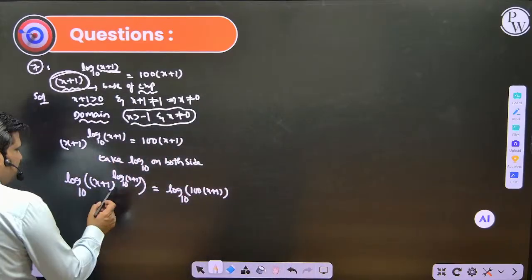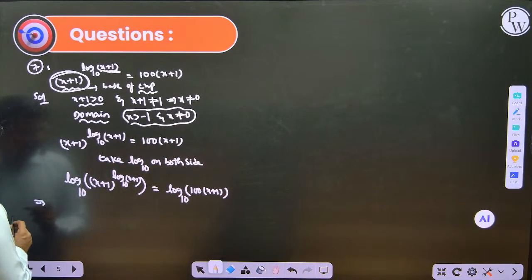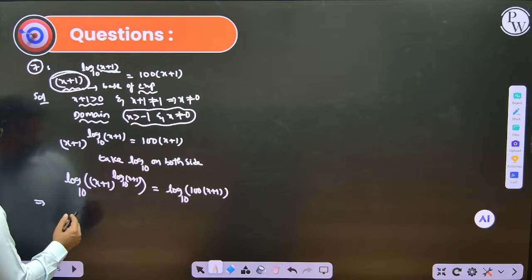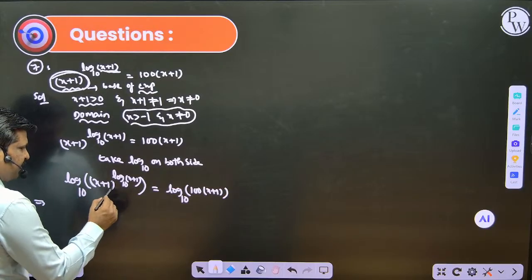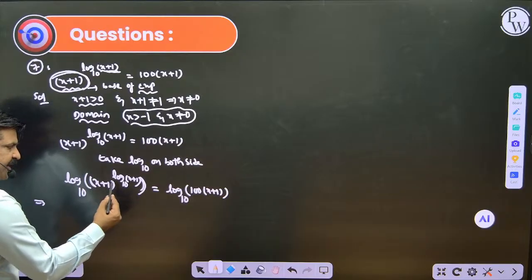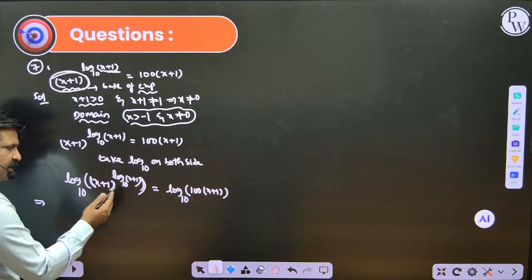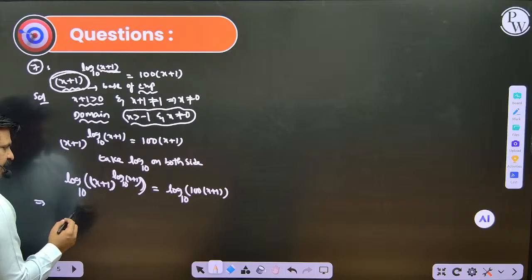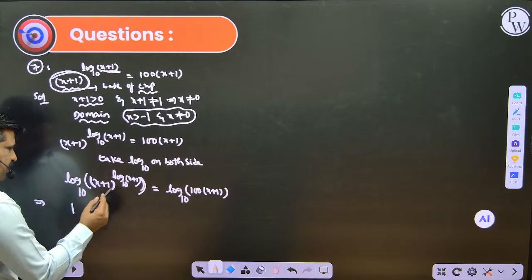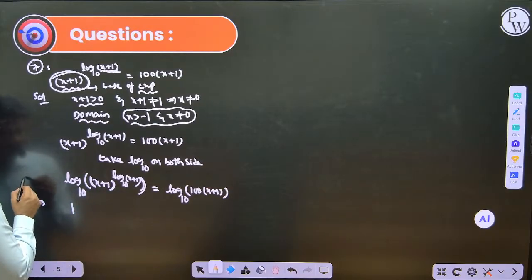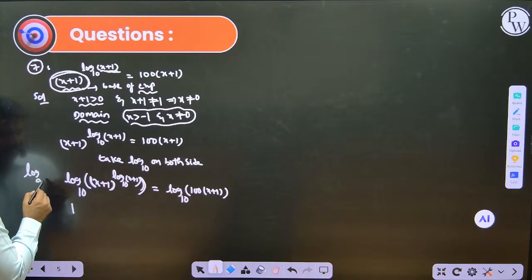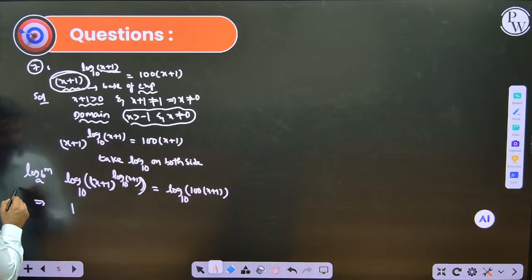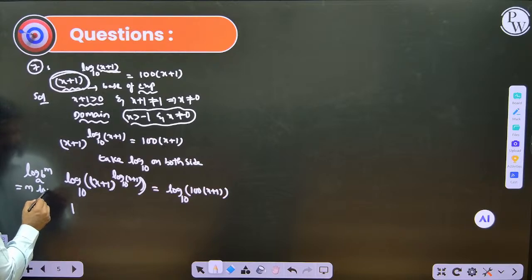But this total, which form does it look like? A power m form. A power m means it can be written as m into log a to the base b. That's the formula.